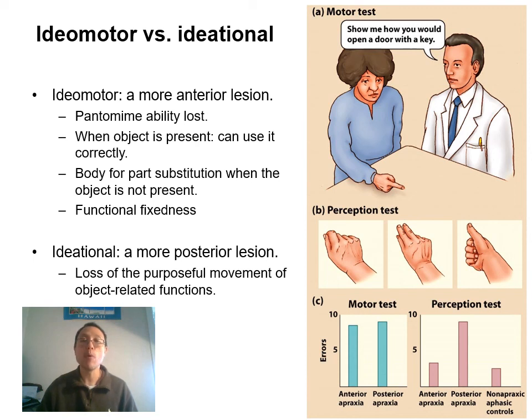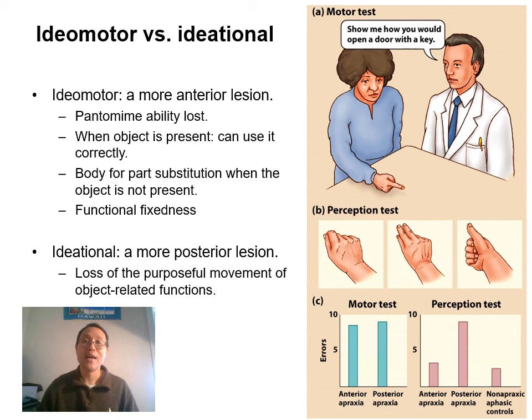Ideomotor apraxia is more of an anterior lesion, seen in areas such as the premotor area and the supplementary motor area, and the ability to perform pantomime is basically lost.